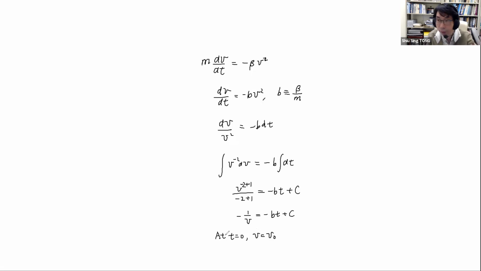This is the velocity with which the object is projected into the medium, right? That means if you put t equal to 0 here, then v should be equal to v naught, and that means c is equal to minus 1 over v naught. Is that right? And so you can write out the full solution now. The full solution is something like this.